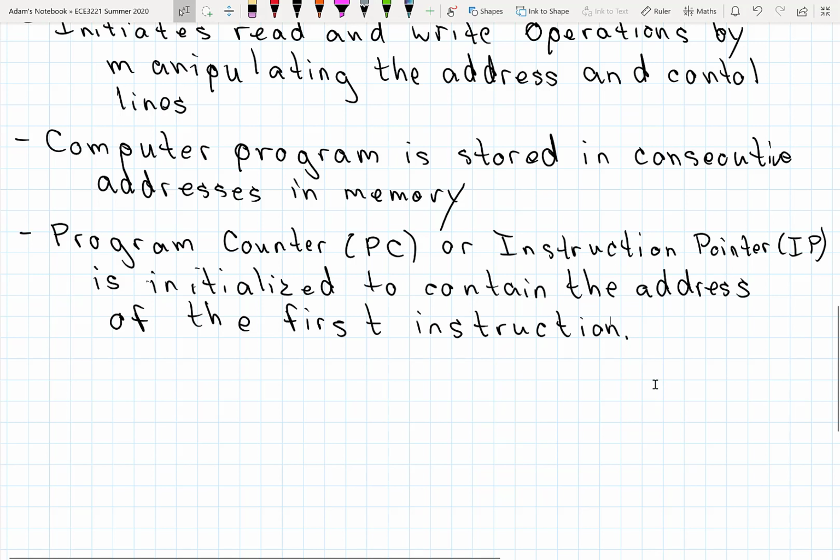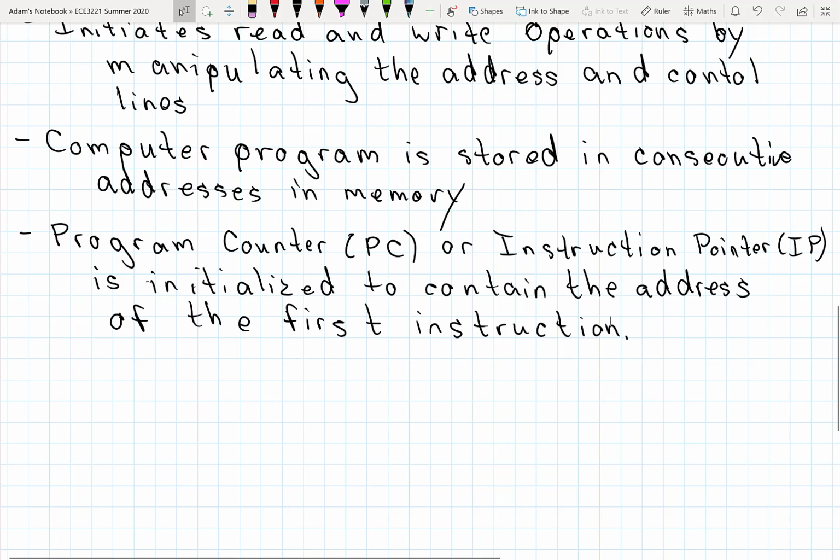Let's talk a bit about the procedure that the processor goes through as it gets these instructions from program memory and executes them.